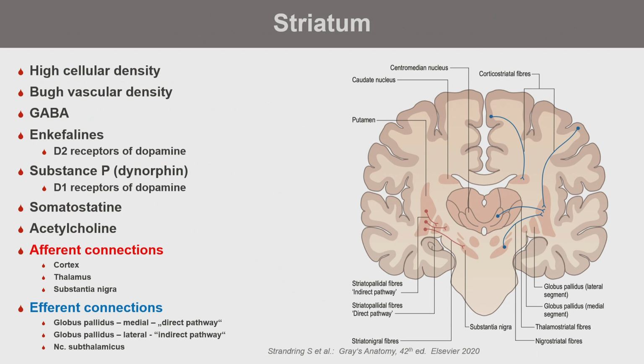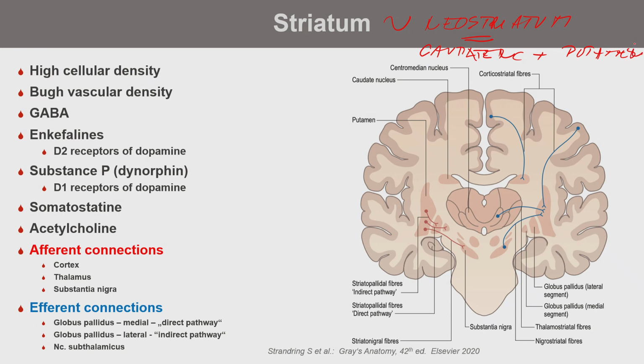So then striatum. What is striatum? Striatum is a noun typically, and when in general it is used, typically it means neostriatum. And also it is caudate nucleus and putamen.